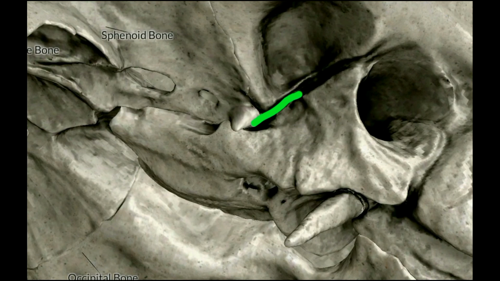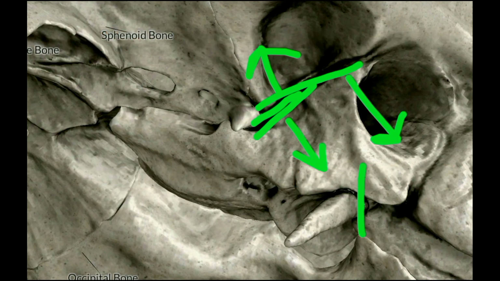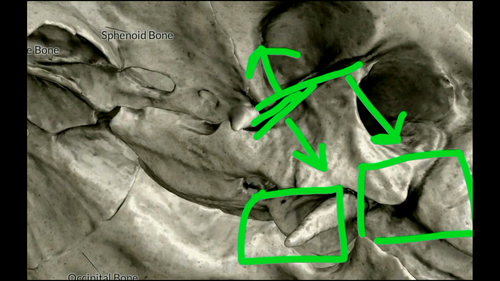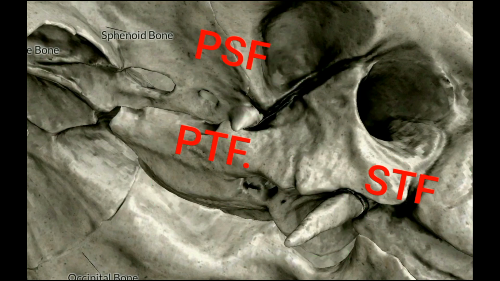And there you see the petrous bone, which divides it into a Y shape. Between the 2 limbs of the Y you will see petrous bone. So that fissure is further divided into the petrosquamous fissure anteriorly and the petrotympanic fissure posteriorly. So this is the squamotympanic fissure, this is the petrotympanic fissure, and anteriorly you see the petrosquamous fissure.